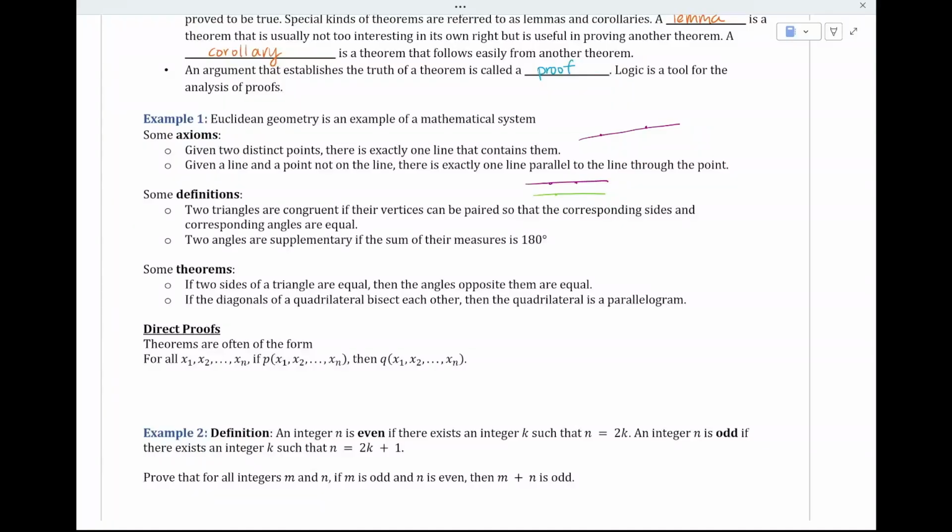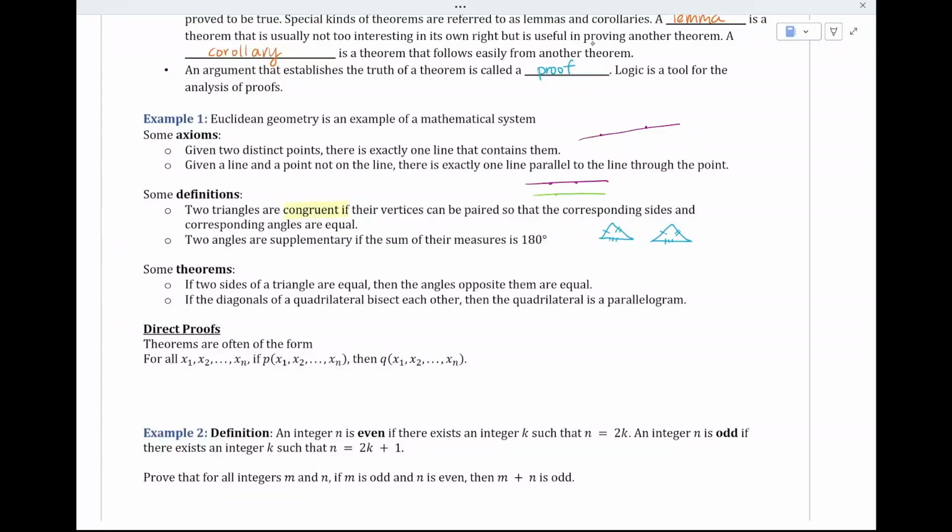Some definitions. Two triangles are congruent if their vertices can be paired so that the corresponding sides and corresponding angles are equal. So we have this triangle and then this triangle over here. These triangles are congruent if these sides are the same and these sides are the same and these sides are the same, and then all the same thing with the angles. That's what it means to be congruent.